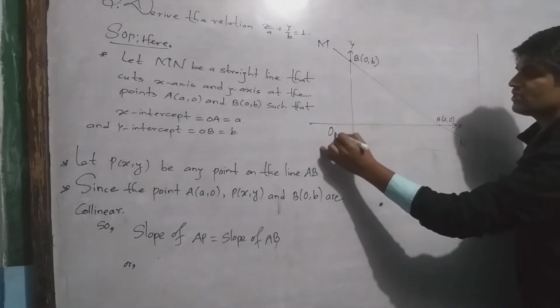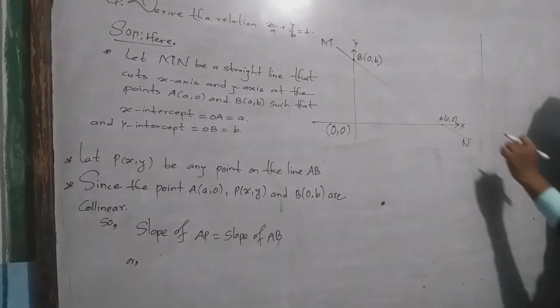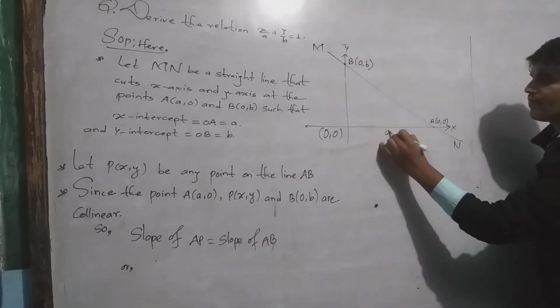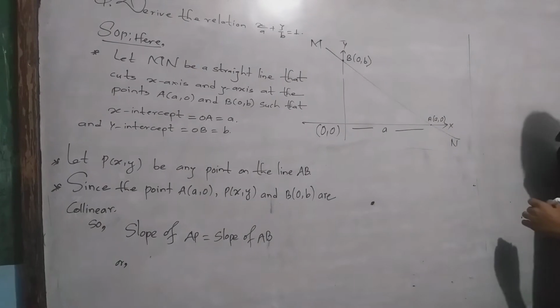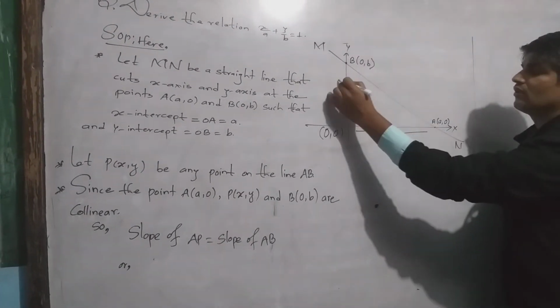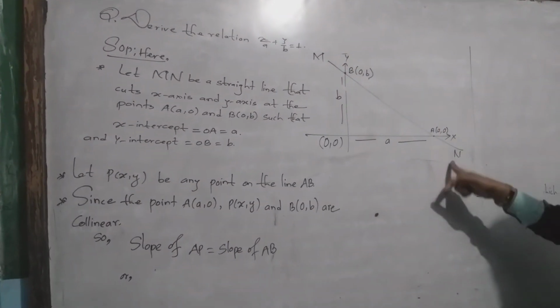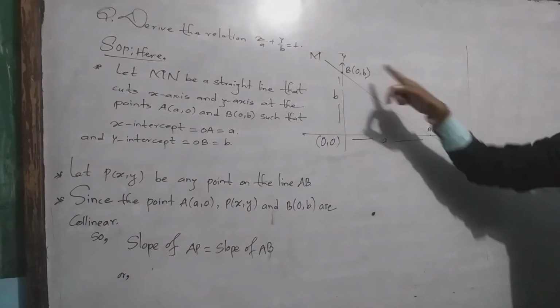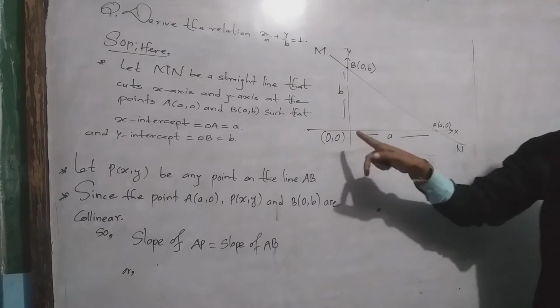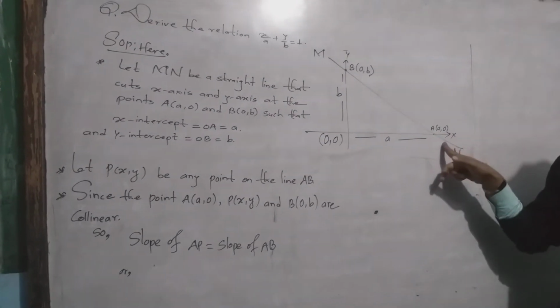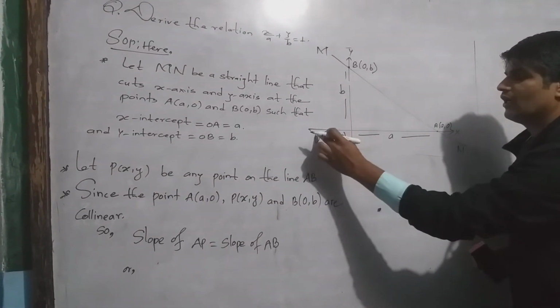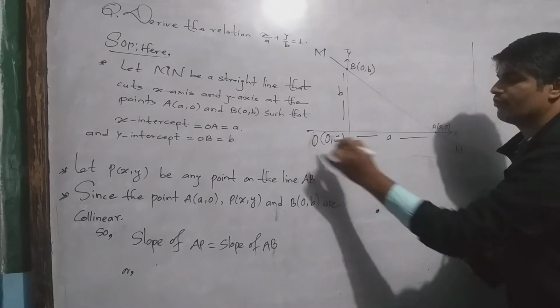This is the origin, obviously. What is the x-intercept here? The x-intercept is small a and the y-intercept is small b. So let MN be the straight line that cuts the axes at these points such that OA is small a and OB is small b.